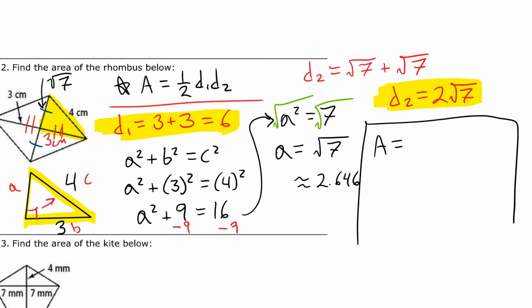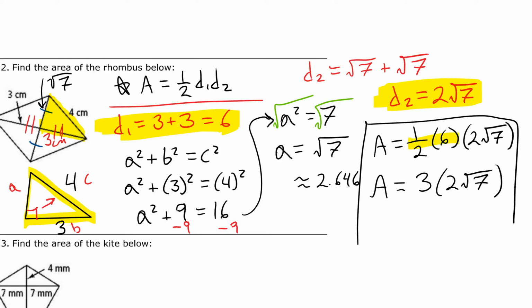Area is going to be equal to 1/2 D1, which is 6, and D2, which is 2 times the square root of 7. 1/2 times 6 is just 3, times 2 times the square root of 7, which means that the area is going to be 3 times 2, which is 6 times the square root of 7.